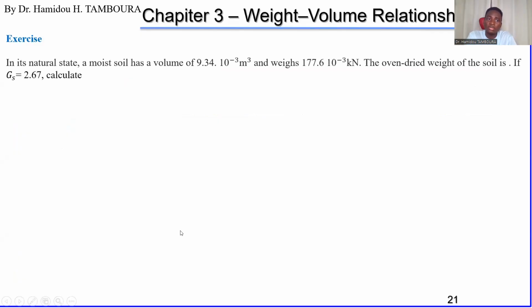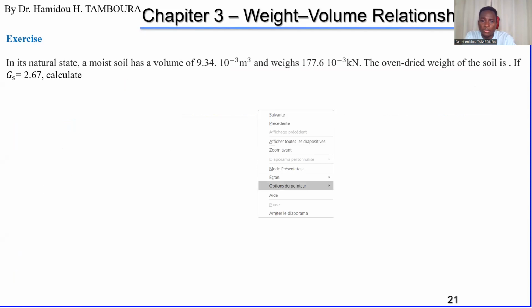The exercise is saying that in natural state the soil has a volume of 9.34 × 10^-3 cubic meters, and the weight is given by this value.